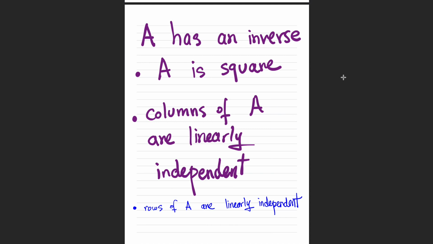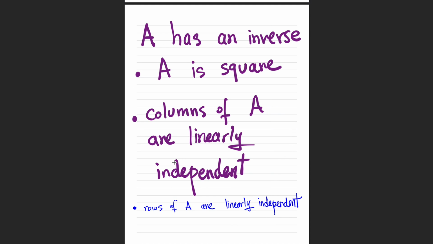Okay, so let's just summarize what we learned. The matrix A has an inverse if A is square and the columns of A are linearly independent. If the columns are linearly independent, it turns out that the rows of A are also linearly independent.